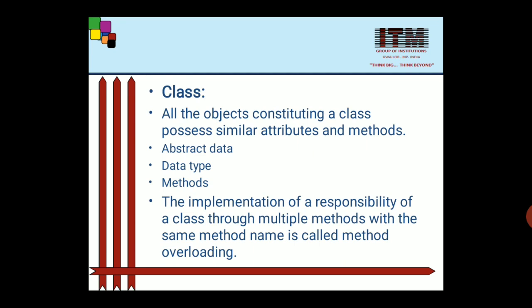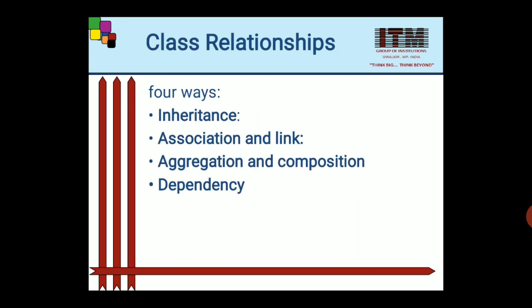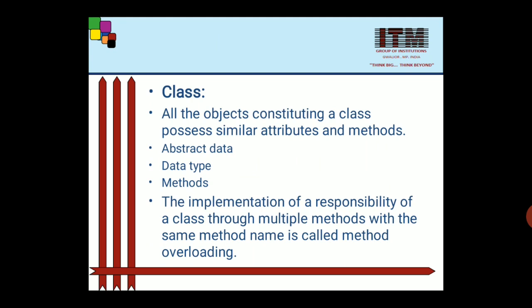Now the next question arises: whether a class is an abstract data type. Here we must first be aware of the basic definition of an abstract data type. Basically, abstract data type is a combination of two forms: abstract data and data type.